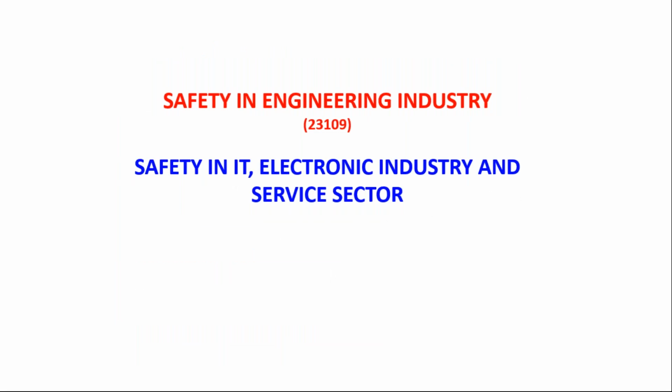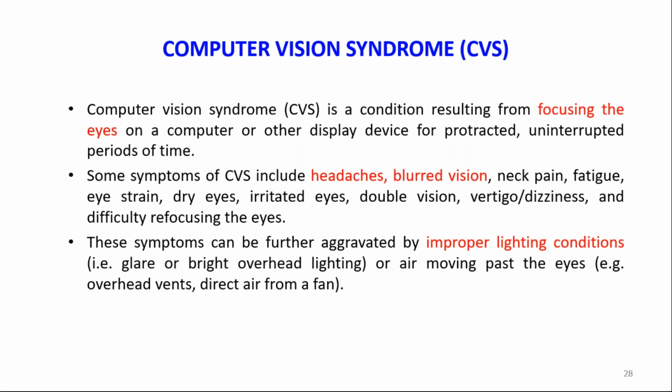Now in this presentation I have to focus on the disorders or diseases other than the MSDs, because musculoskeletal disorder is already discussed in the previous presentation. So the next one is CVS, that is also called computer vision syndrome.